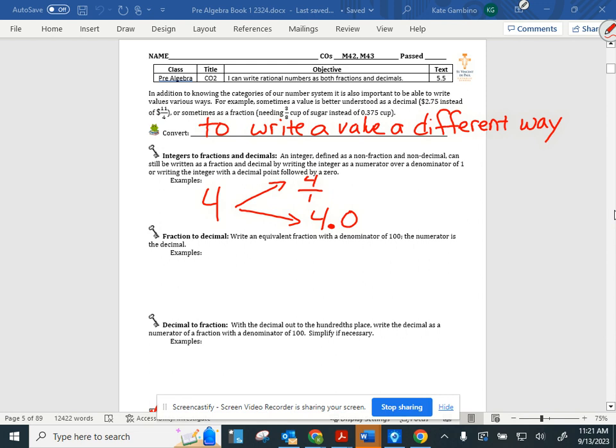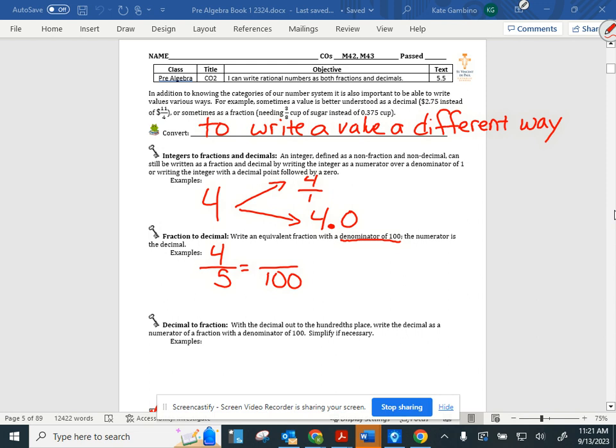Fraction to decimal: write an equivalent fraction with a denominator of 100. The numerator is the decimal. So if we have 4/5, we want to make our denominator 100. How do I figure out my numerator, Grace?